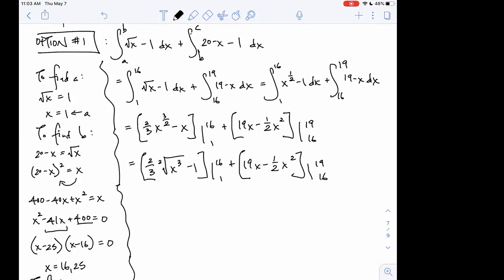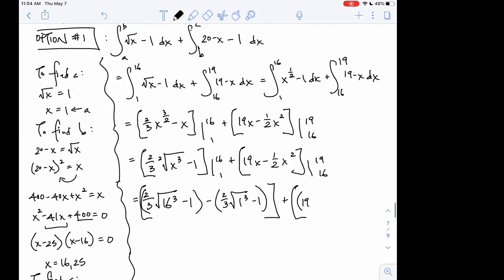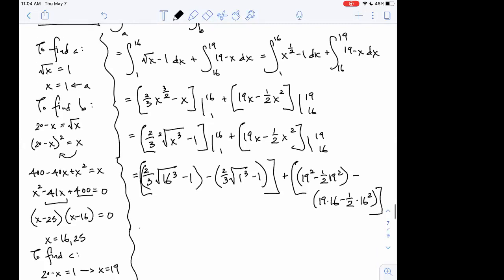All right. 2/3 of the square root of 16 cubed minus 1, minus 2/3 the square root of 1 cubed minus 1, plus 19 squared minus 1/2 times 19 squared, minus 19 times 16, minus 1/2 times 16 squared. Okay.